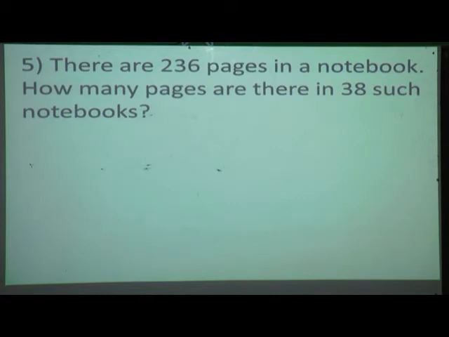What is the question? There are 236 pages in a notebook. See, there is one notebook, and in that notebook how many total pages are there? 236. And how many pages are there in 38 such notebooks?